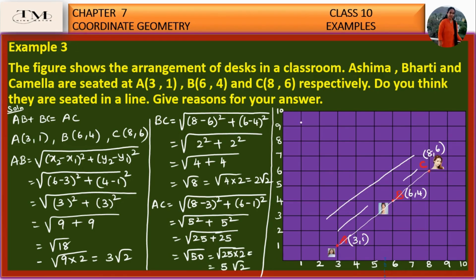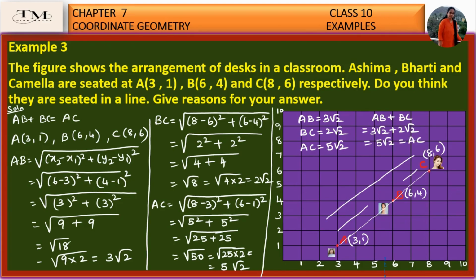So we got AB is equal to 3 root 2, BC is equal to 2 root 2 and AC is equal to 5 root 2. So let us check the condition AB plus BC. 3 root 2 plus 2 root 2 is 5 root 2, which is equal to AC.